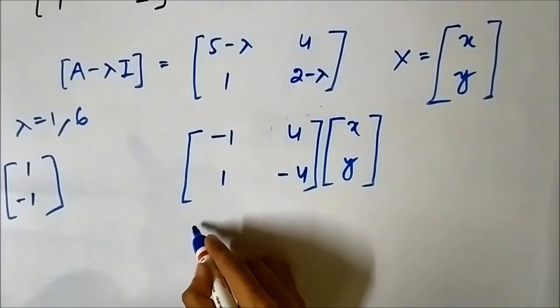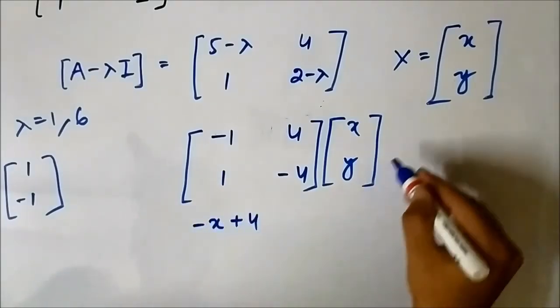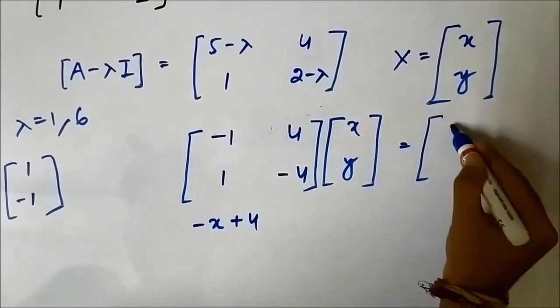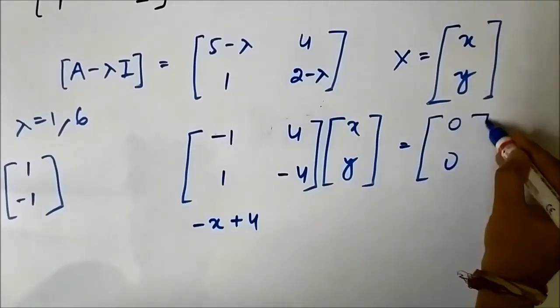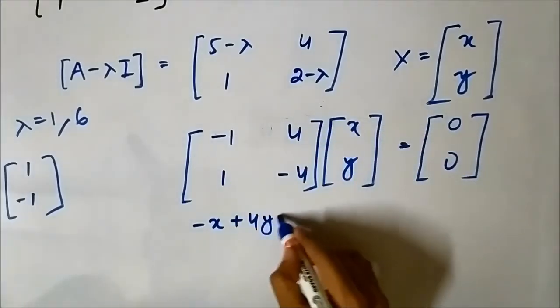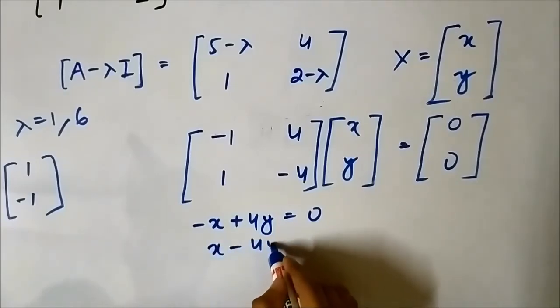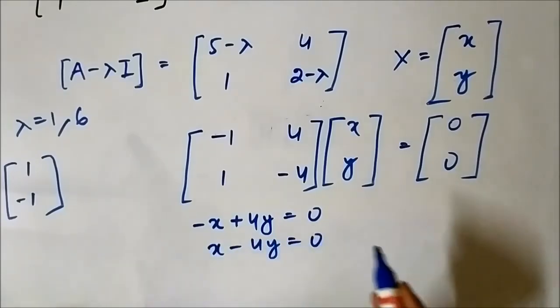So it is minus x plus 4y equal to 0 matrix of order 2 cross 1. Minus x plus 4y is equal to 0, and x minus 4y is equal to 0.